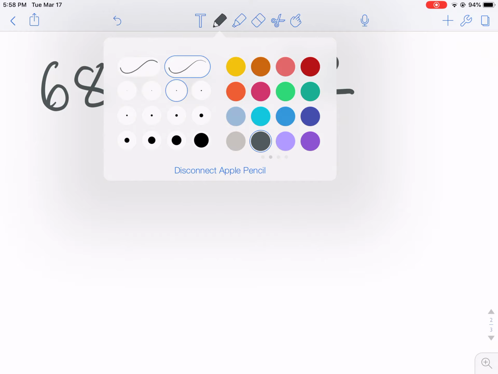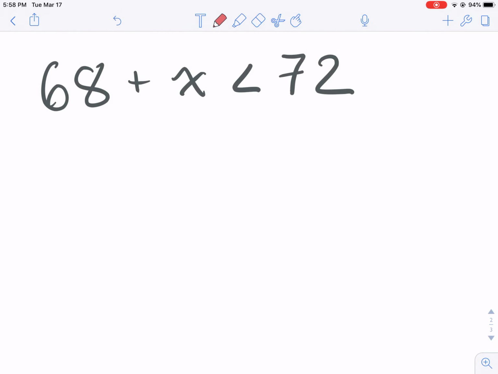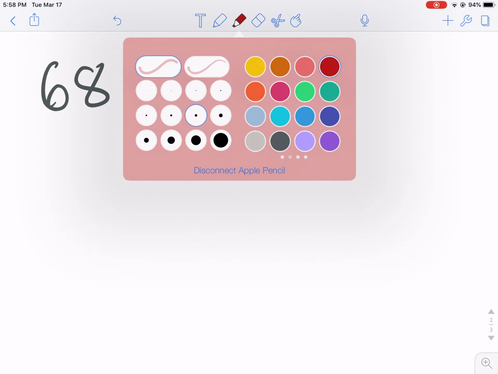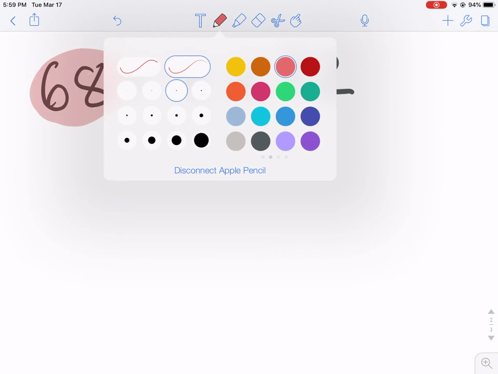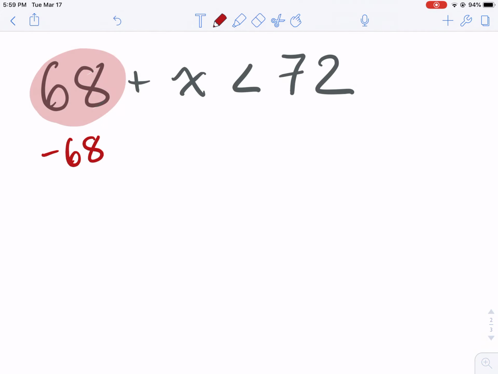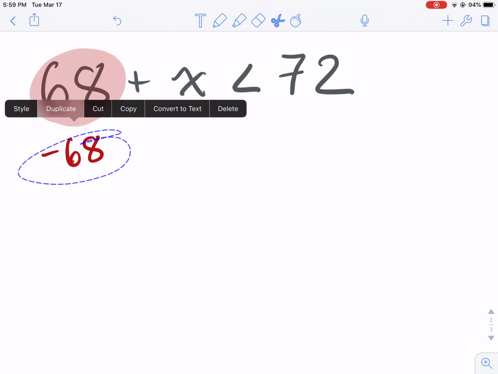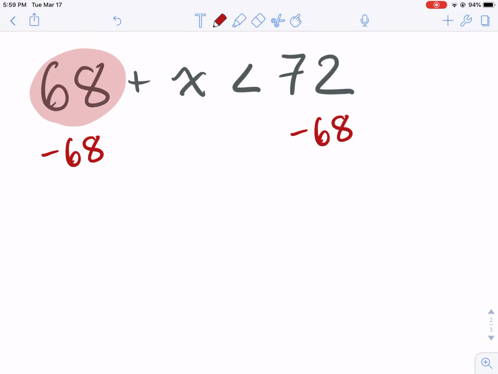Now, when I look at this, I see that we've got a 68 plus an x. So I want to go ahead and undo this 68 right here. To undo that, I am going to subtract 68 from both sides. So I subtract 68 here, subtract 68 there.